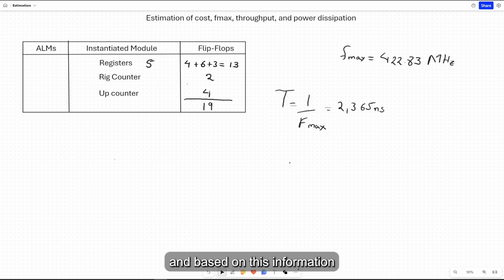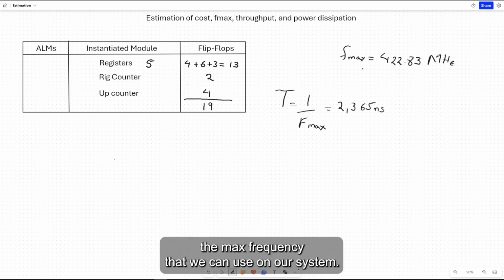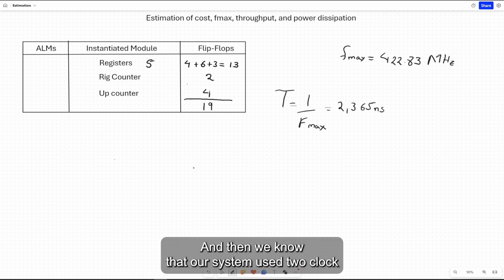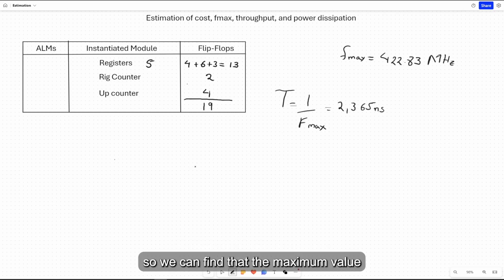And based on this information that we know, the fmax means the max frequency that we can use on our system. And then we know that our system uses 2 clocks, so we can find the maximum value that we can get through Y per second.